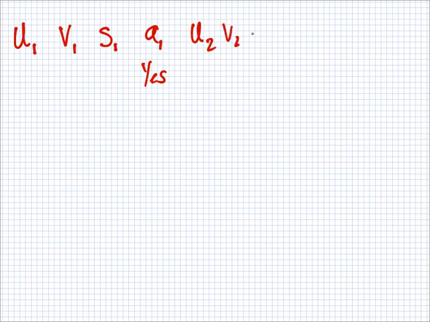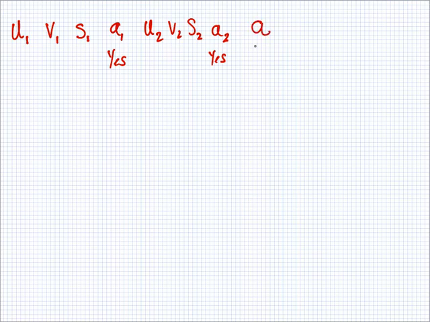So we have a U1, and what's the unit? Meters per second. And we also have a V1, and we also have an S1. Can we use this to get A1? Yes. Then we do it again: U2, V2, S2, and we can use this to get A2.